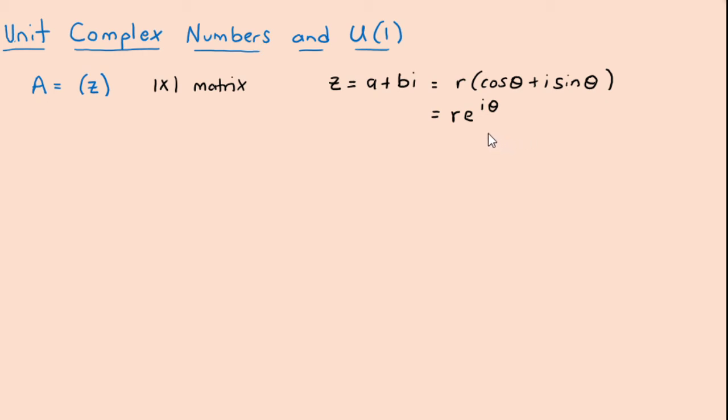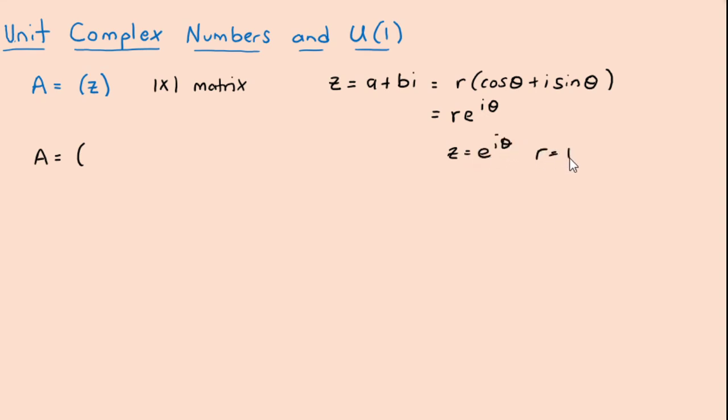Okay, so let's think about our 1 by 1 matrix A, and let's write it in exponential form here. And I'm going to restrict myself to the unit complex numbers. So instead of having r e to the I theta, I'm just going to be dealing with complex numbers of the form e to the I theta.